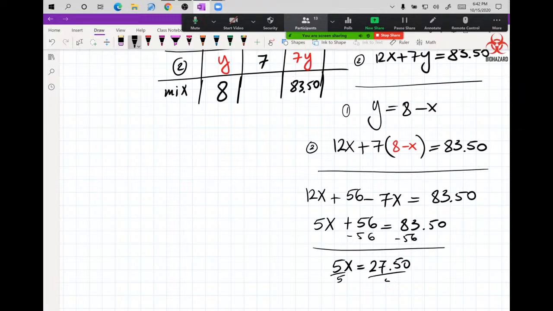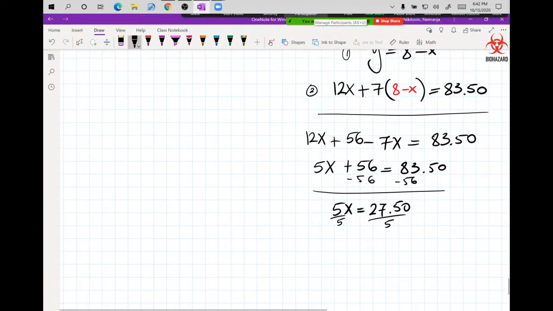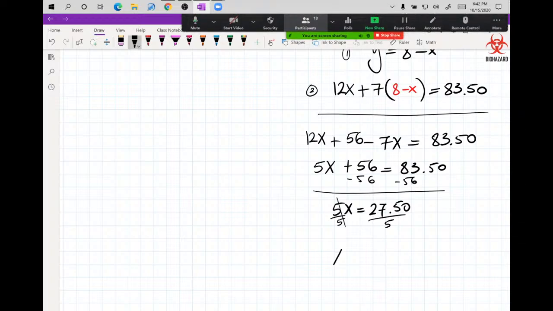When you divide both sides by 5, x is equal to 5.5 pounds. So x is 5.5, and remember that y was 8 minus 5.5, which is 2.5.